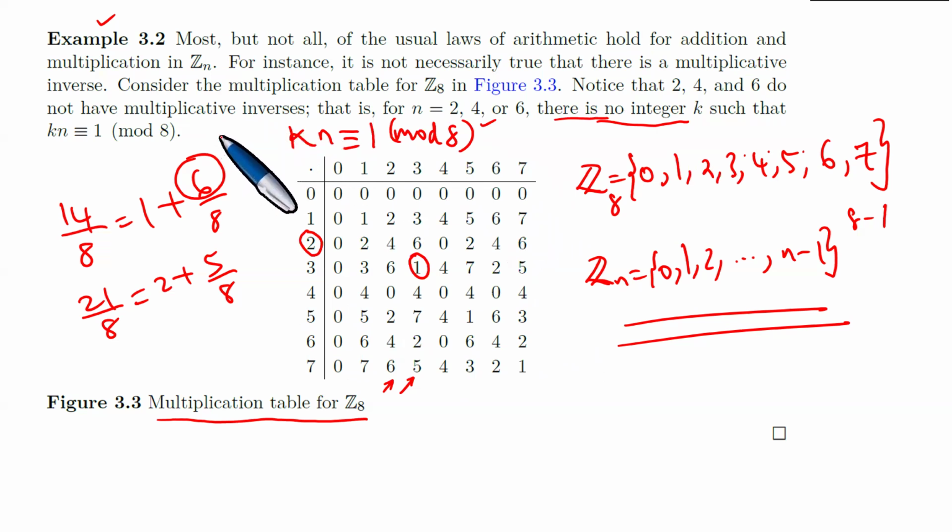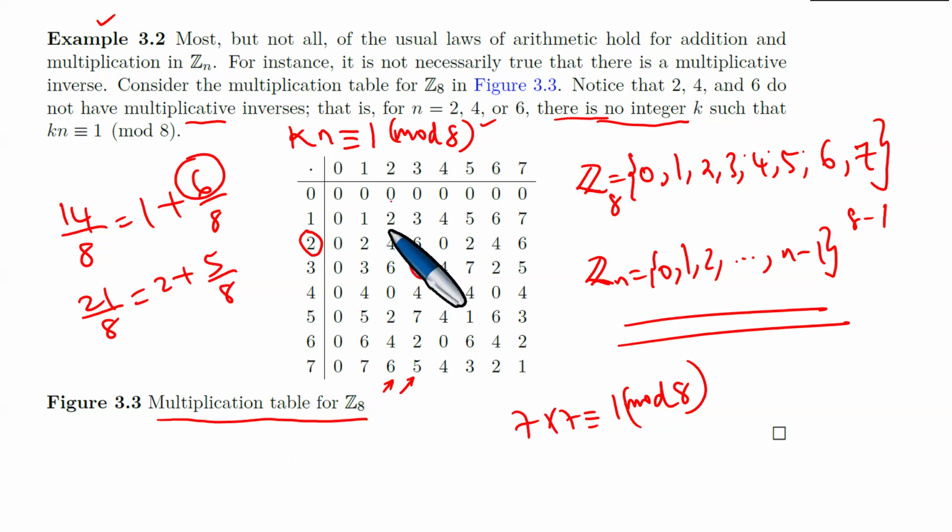So in other words, 2, 4, and 6 do not have multiplicative inverses, whereas the others do. Like 7 does have, because what is the multiplicative inverse of 7? The multiplicative inverse of 7 is 7, because 7 by 7 is equivalent to 1 modulo 8. Okay, right. So we note that.